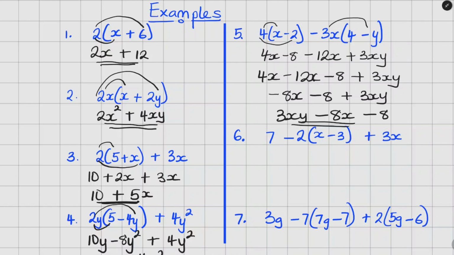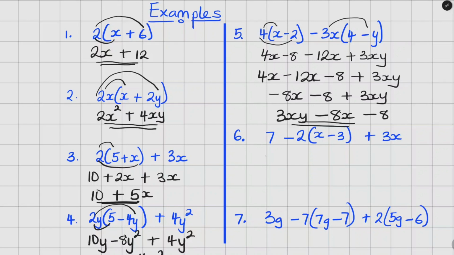Now for question number 6. We have 7 minus 2 into bracket x minus 3, plus 3x. Please note that you're supposed to open up the bracket with the minus 2 right here before you go ahead to collecting like terms or simplifying.